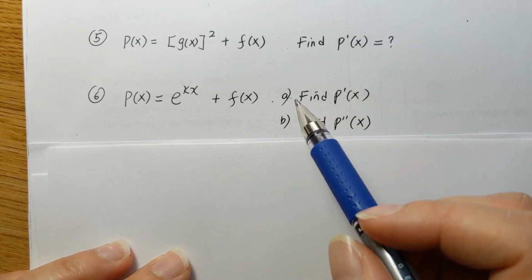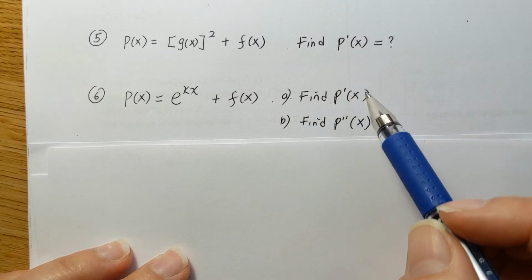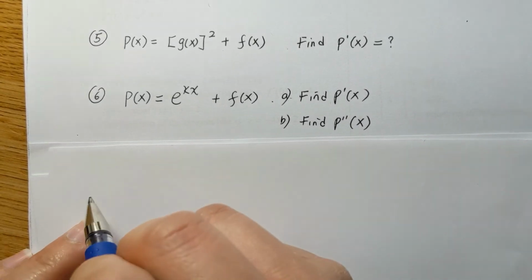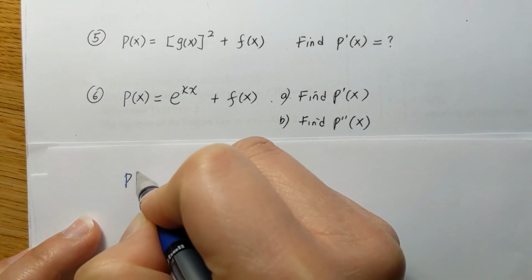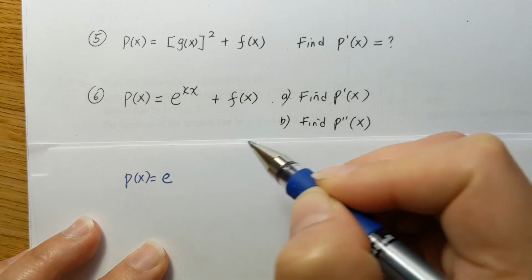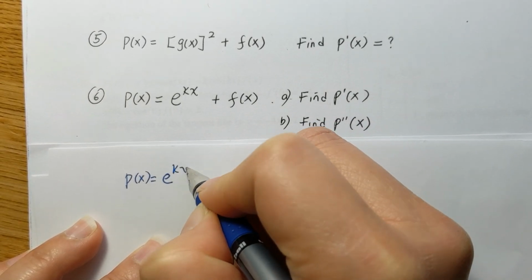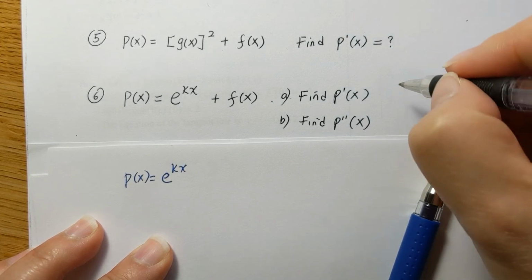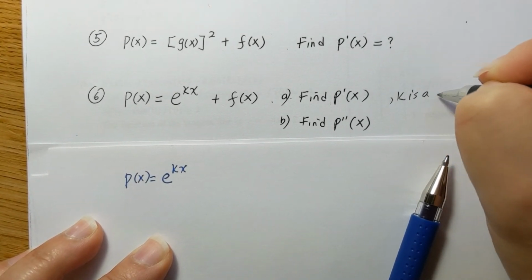Number 6. So we are going to have to find the p prime of x and then p double prime of x. So now p of x equal to e to the kx. In this case here, k is a constant.